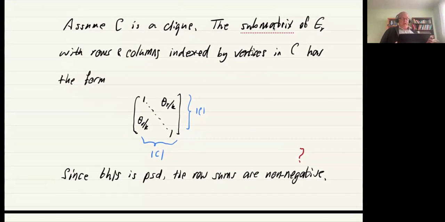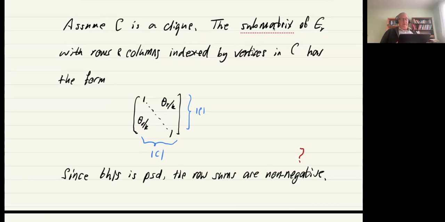Now, since this is positive semi-definite, there are a couple of ways I can deal with it, but the simplest one is to say that the row sums are non-negative. I'll leave it at that. So because this is positive semi-definite, the row sums are non-negative.